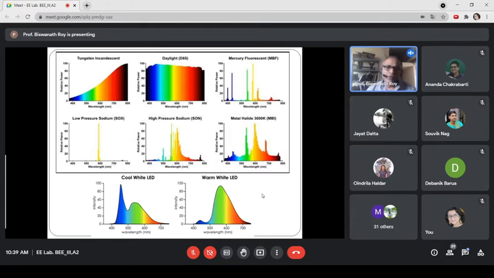The name of the instrument with which this kind of data generation is possible is called spectroradiometer, right? Meter is any instrument, any measuring device we call meter. So spectro means wavelength related information is available. Spectrometer means where we can measure the wavelength of radiation.